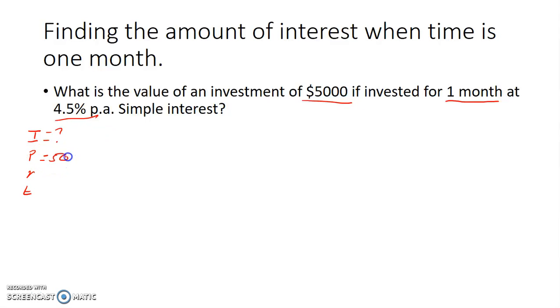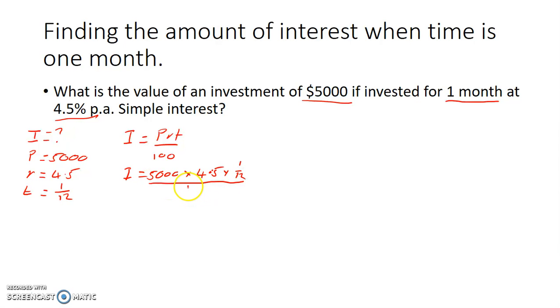My principal was 5,000. My interest rate was 4.5% per year, and my time was 1 month out of 12 months. Put this into the formula, PRT over 100. So I equals 5,000 times 4.5 times 1 over 12, which was all over 100, which gives us 18.75.